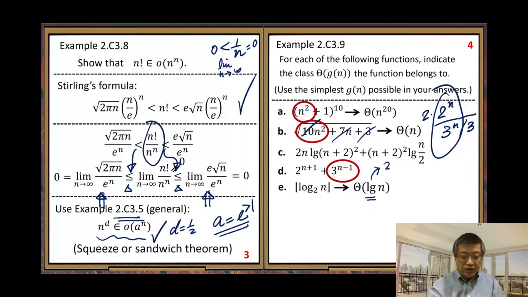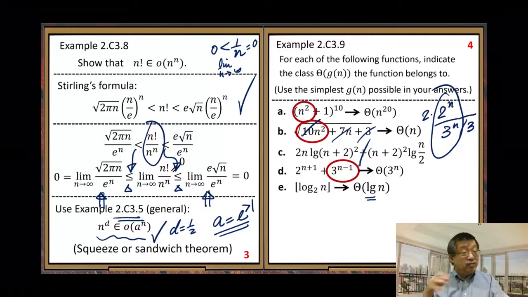That's the reason we just take the second term here. Then for our big theta, the g of n function, we choose 3 to the n. So that's D.